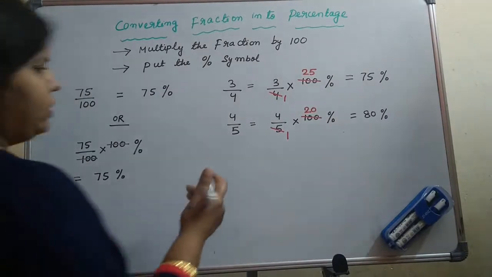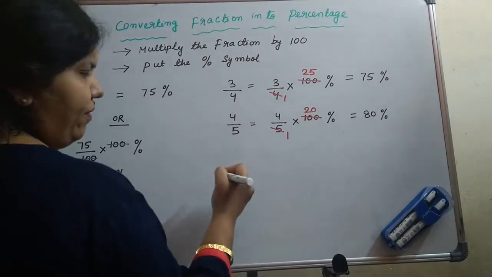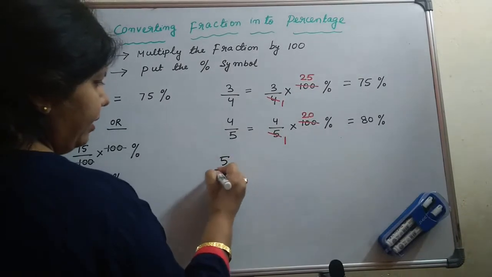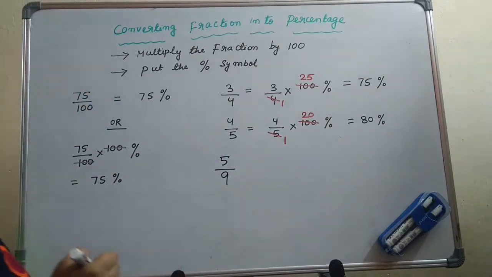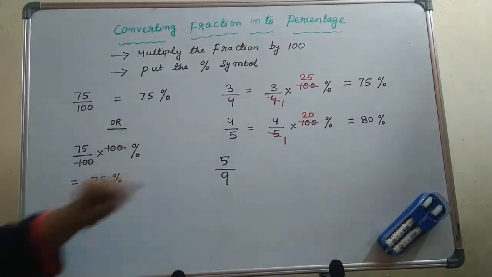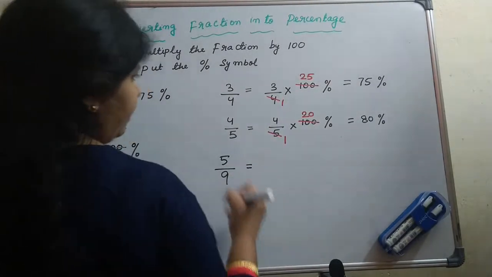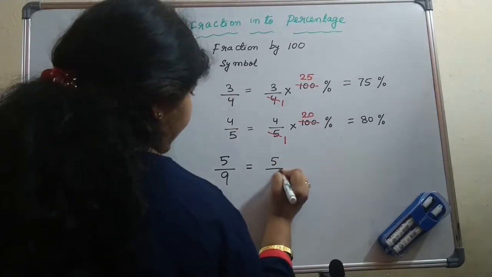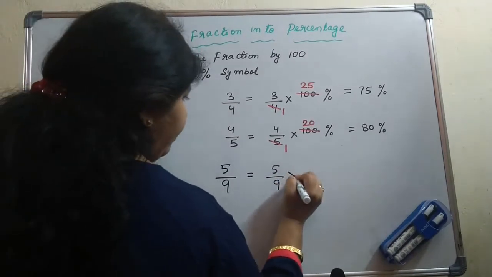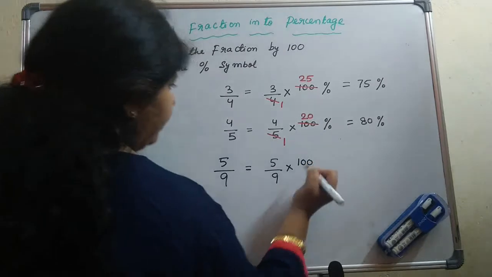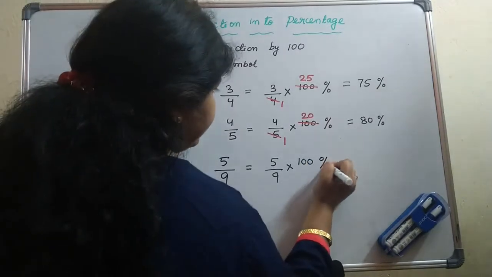Instead of 4 by 5, I will have 5 by 9. How will I convert this into percentage? So that is equal to 5 by 9 multiplied with 100 like this, and place the percentage symbol.